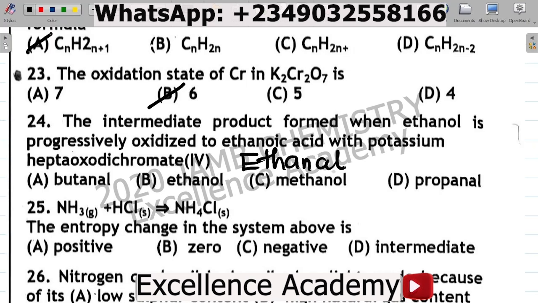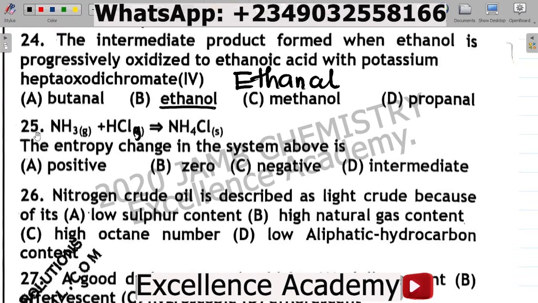It's not quite in the option there, but I guess this B was supposed to be ethanal and not ethanol. You want to note that ethanal is formed as the product when ethanol is progressively oxidized to ethanoic acid with potassium heptaoxodichromate(VI). So the correct answer should have been ethanal.